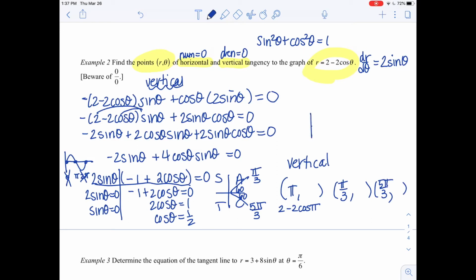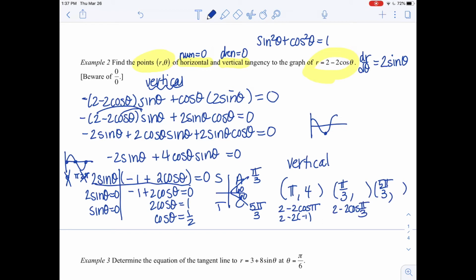If I did 2 minus 2 times the cosine of theta, think again about your basic sine and cosine curve: cosine is equal to negative 1 when I'm at pi. So I have 2 minus 2 times negative 1, which becomes 2 plus 2, and that's where I get the point pi comma 4.